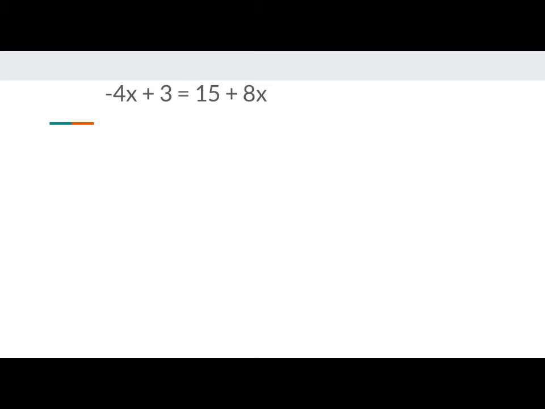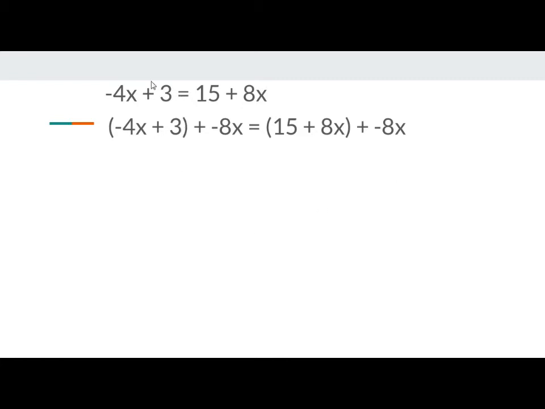Here we go. My first suggestion for solving these equations is to get all the x's onto the same side of the equal sign. So what we're basically doing is we're eliminating the x's from one side of the equal sign and doing the same thing to the other. Now, I put a bunch of parentheses in here. That's not typical. However, I do want to express what's going on.